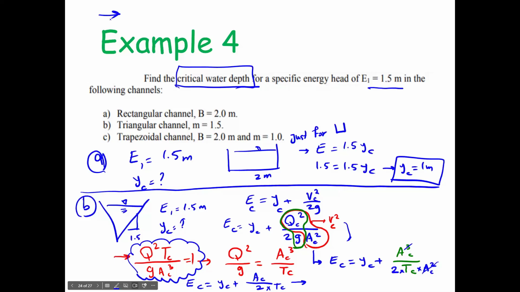I will continue here. EC equal to YC plus AC over 2TC.